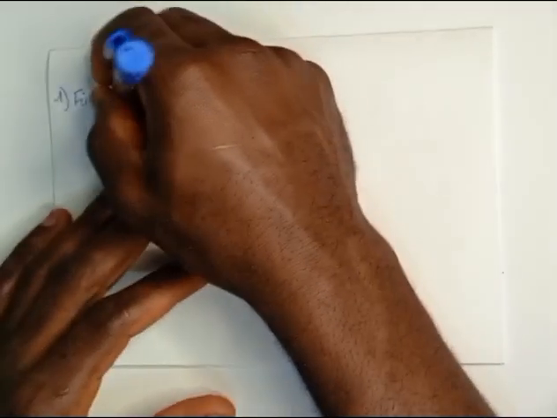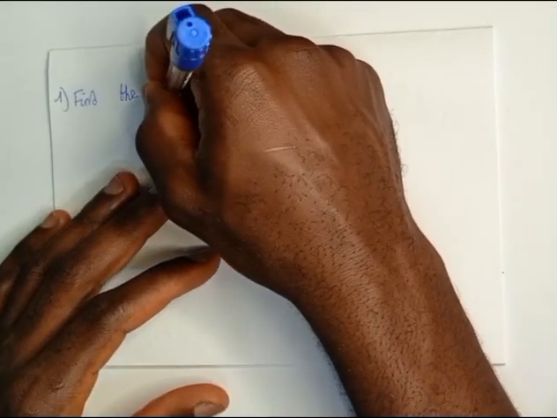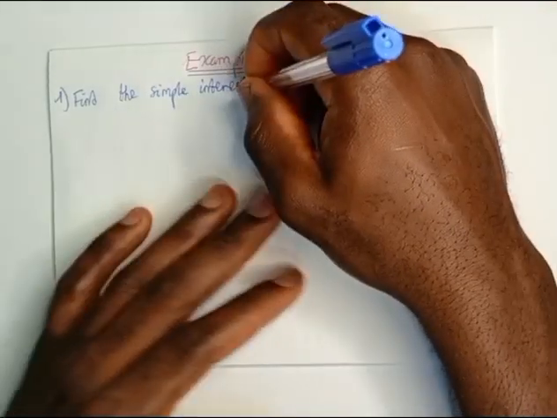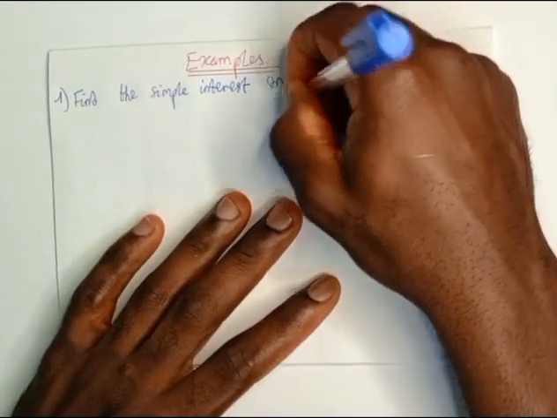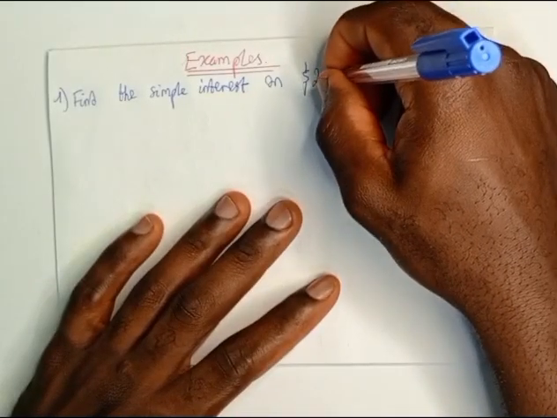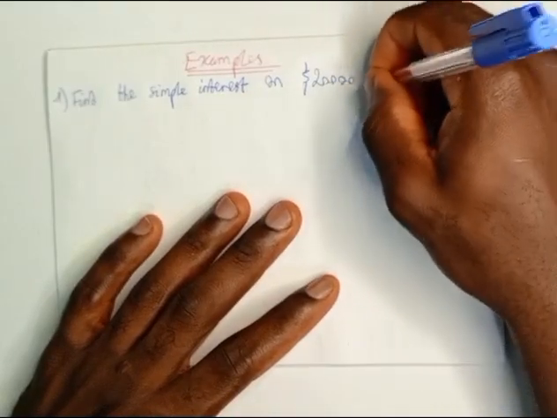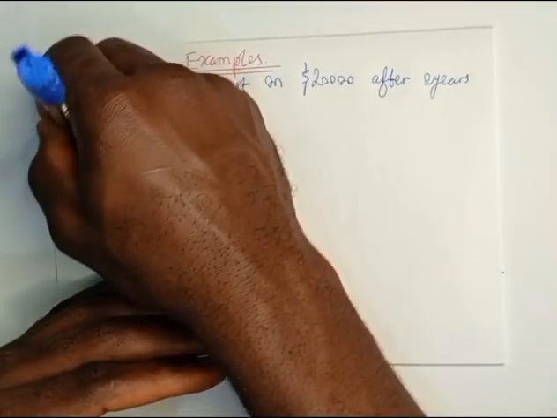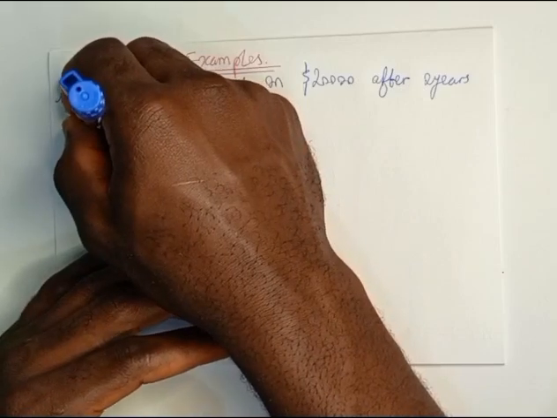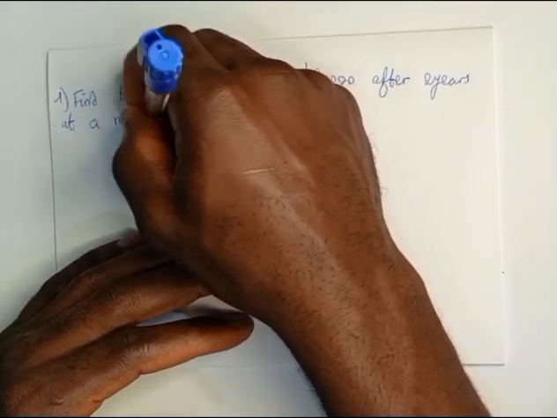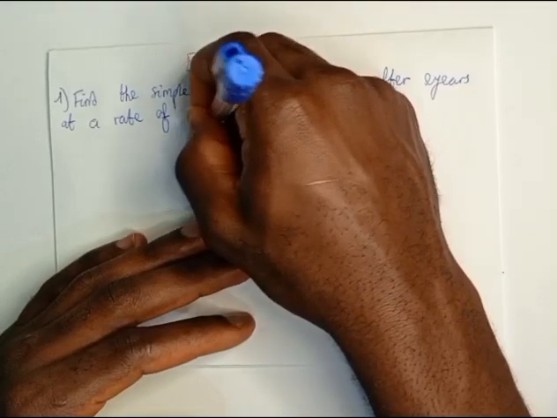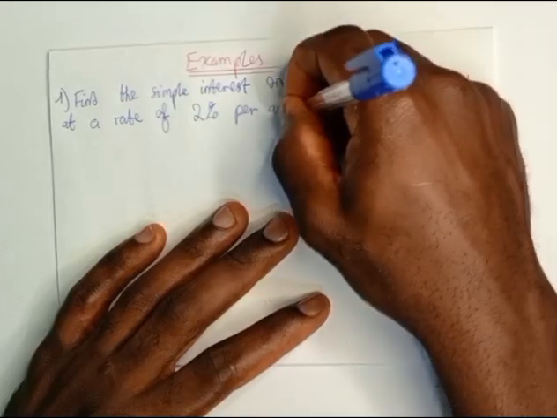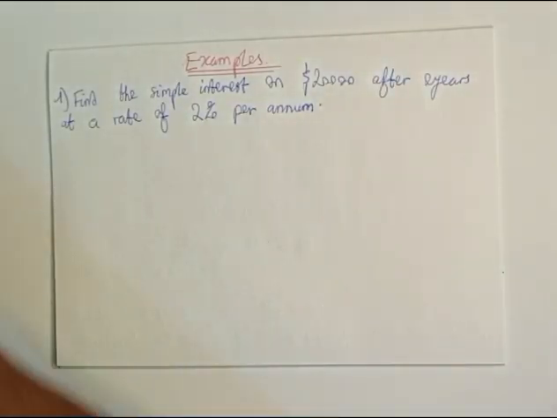Find the simple interest on $20,000 after 2 years at a rate of 2% per annum. The solution.